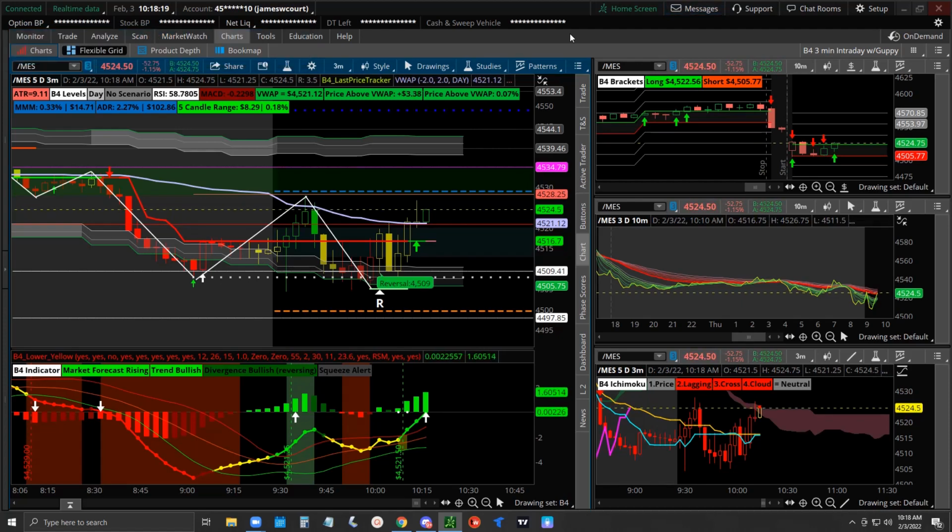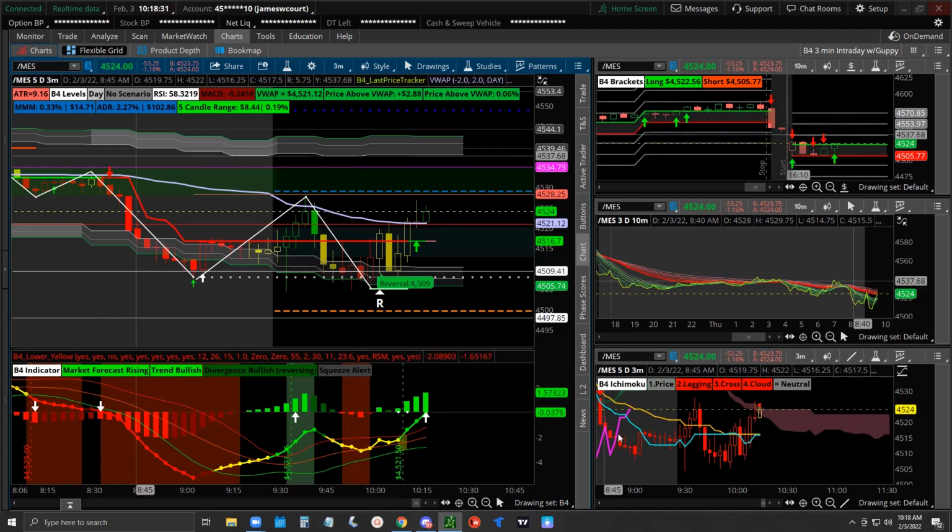That means they're going to target the top of the range, bar 3 high, and the EMA in hopes of closing the gap above.